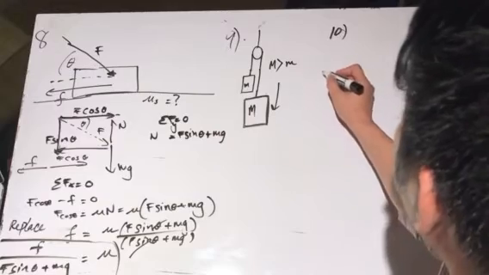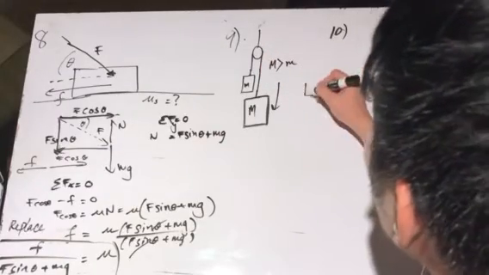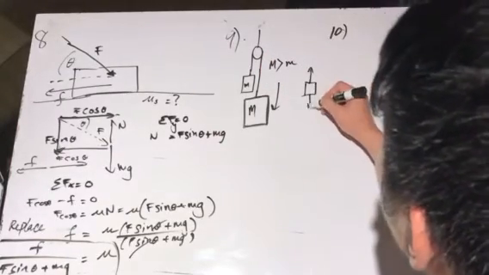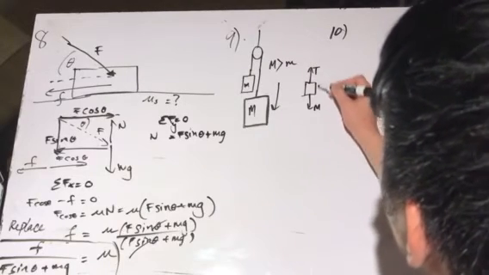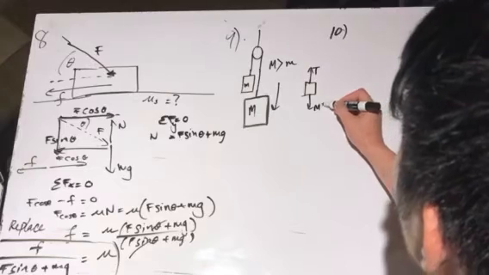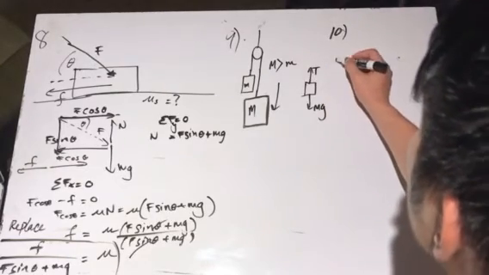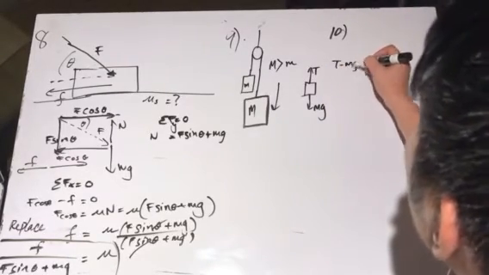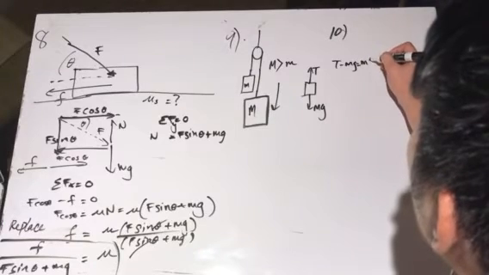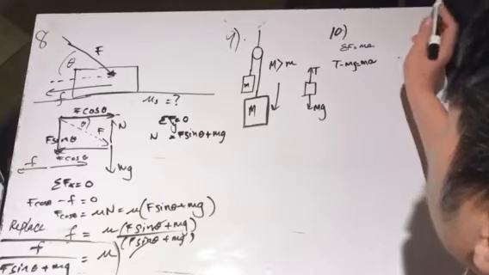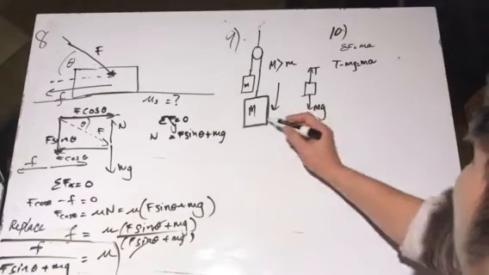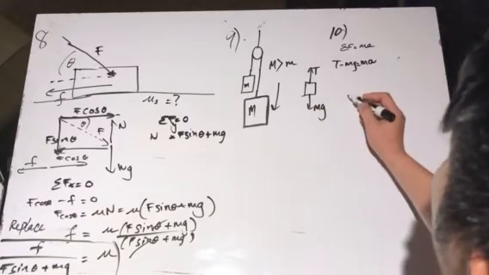For the small mass, this one will go up, so it will be T and mg, these are the 2 different forces. So it will be T minus mg is equal to ma. And I'm going to apply the same with the bigger M.